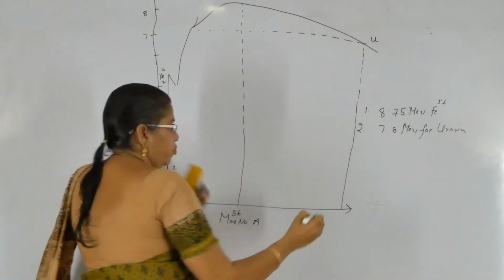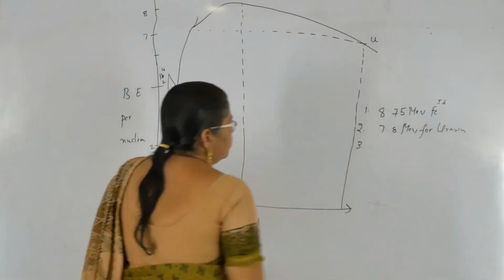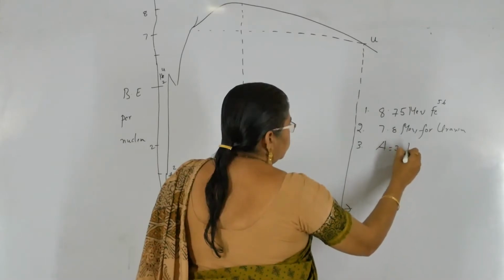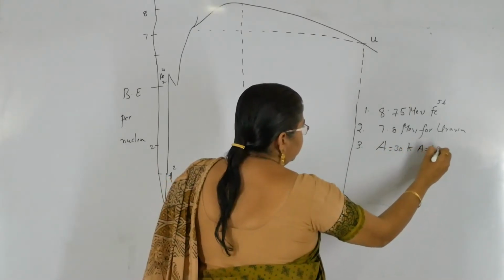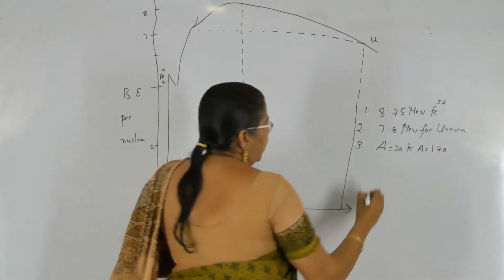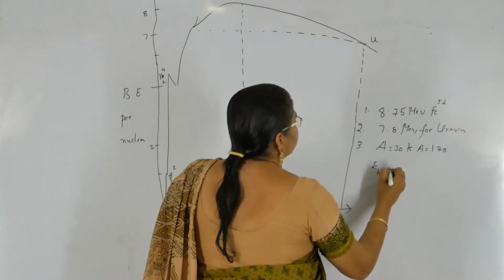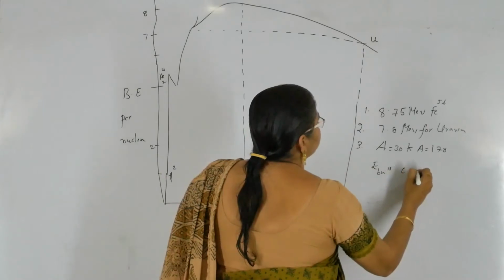And from A equal to 30 to A equal to 170, the binding energy per nucleon, or EBN, is constant.